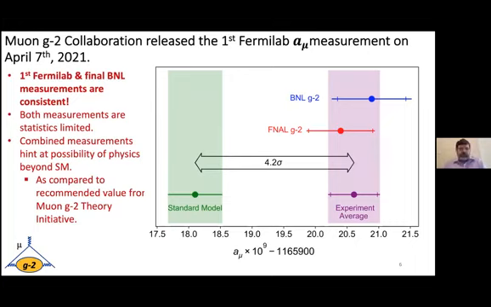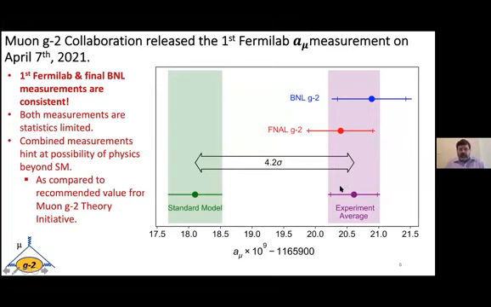It's useful to note that this agreement is basically being driven by statistics. If you see these little tick marks here, that's showing you the difference in the contribution from the statistical and the systematic uncertainties. And so this agreement is being driven by statistics and not by getting all the systematics correct.